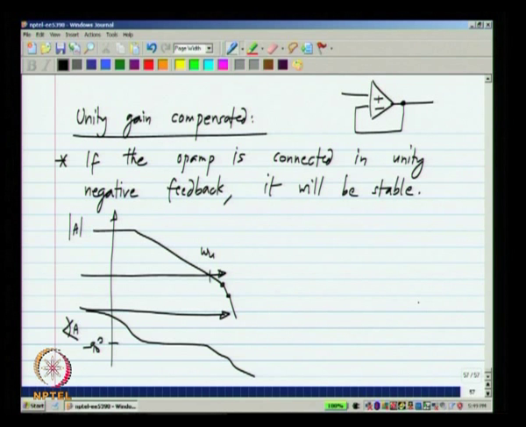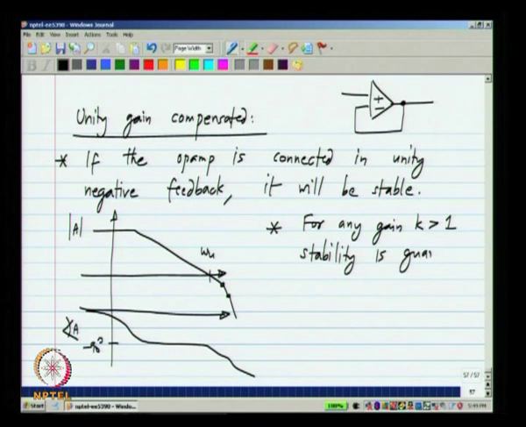Now, because it is dominant pole compensated, if you make an amplifier with any other gain k, the stability is guaranteed. This we saw earlier. For a larger value of k, this will be omega u loop.